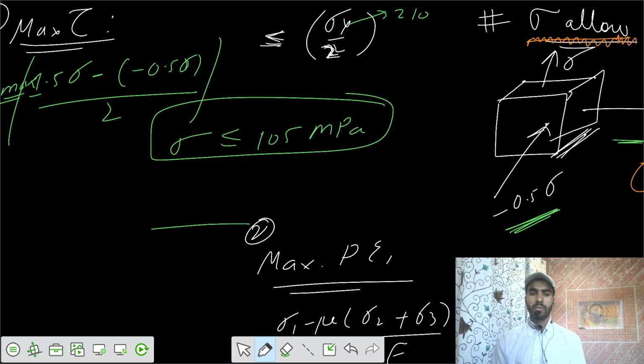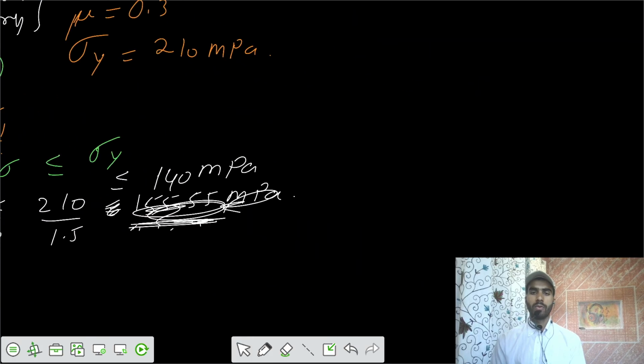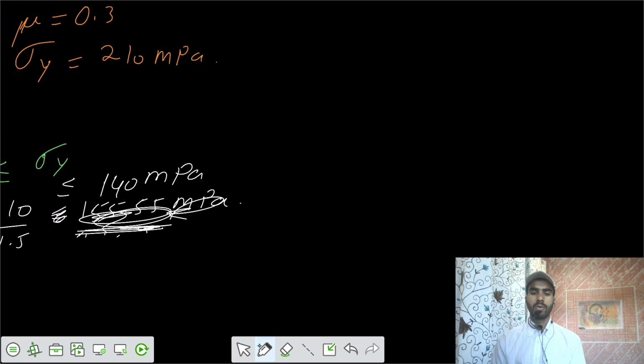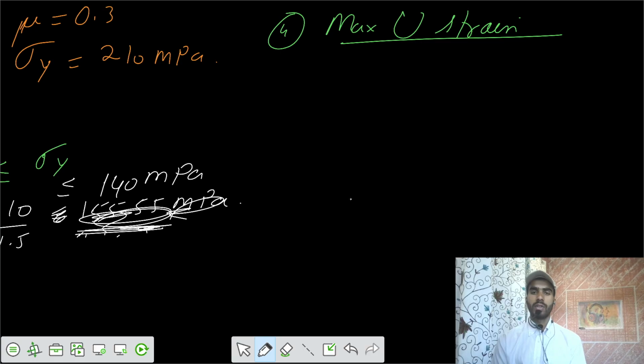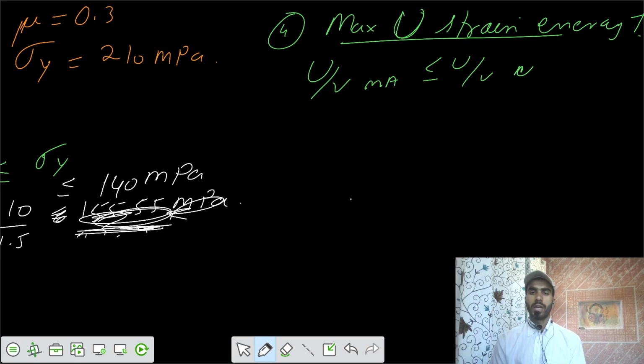Now if you want to use method 4, method 4 says maximum strain energy theory. It says that U per unit volume multi-axial should be less than U per unit volume in uniaxial loading.